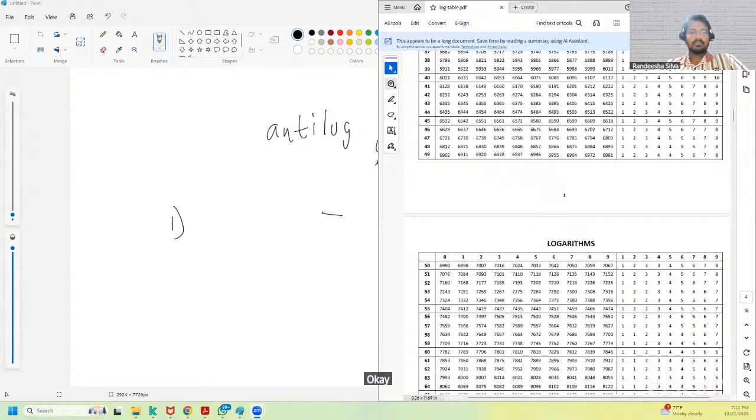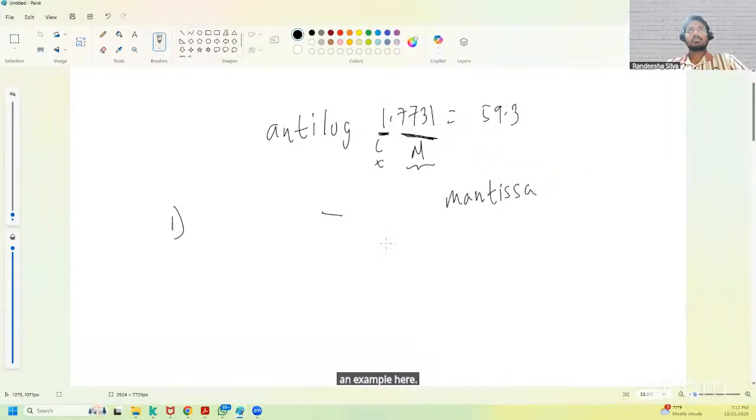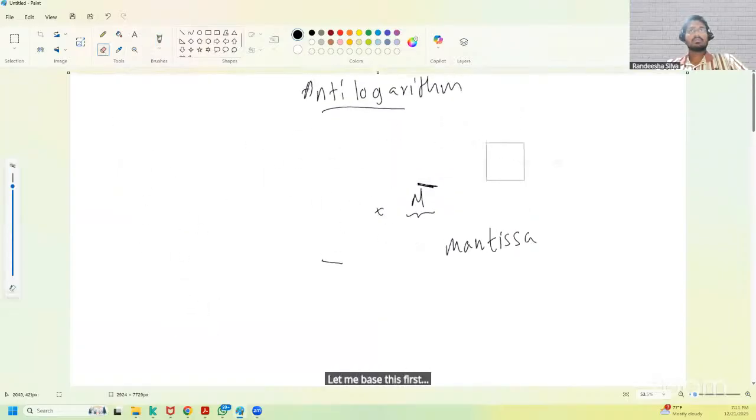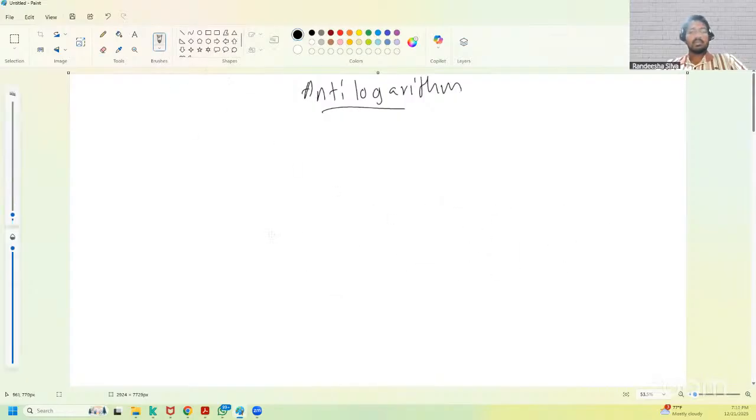Okay, so we'll do an example here. Let me erase this first. The example I will be doing is this. Here the characteristic is 0.